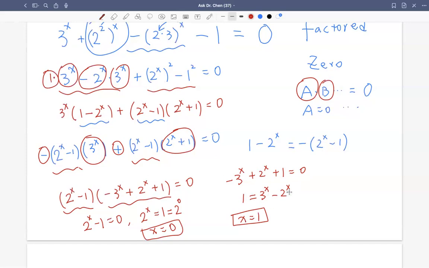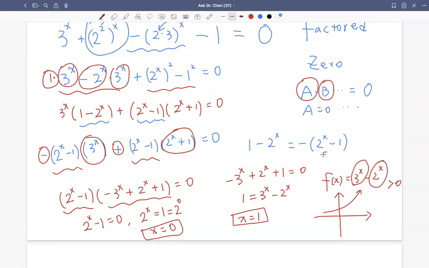But do we have any other solution? Let's think about f of x equals 3 raised by x minus 2 raised by x. So this is a difference, and each one is an exponential function. Exponential function looks like this, increasing, because 3 raised by x minus 2 raised by x is always greater than 0. So we have an increasing function, and this function is a one-to-one function.